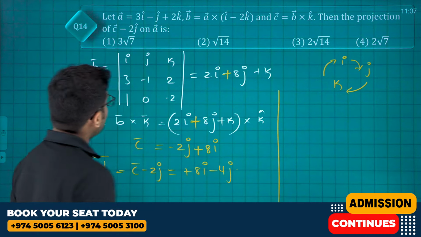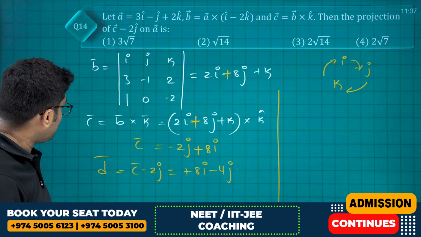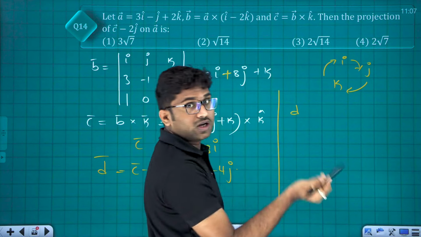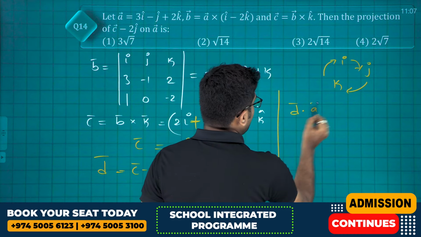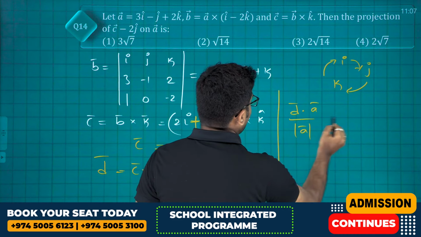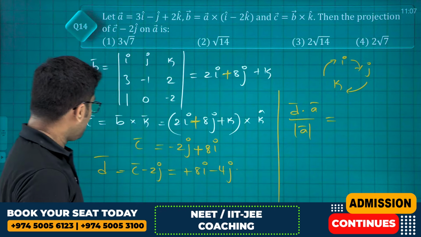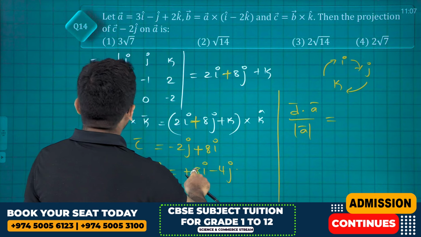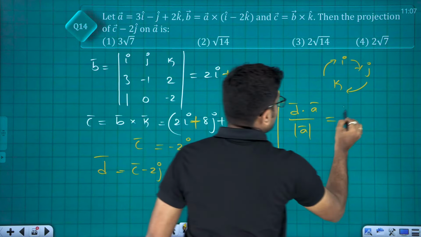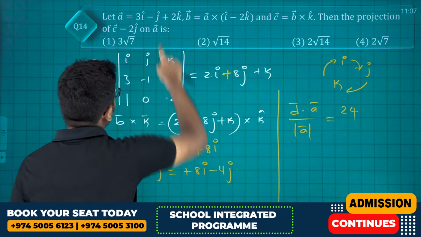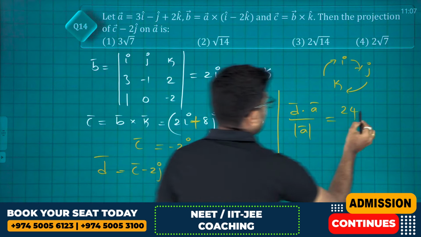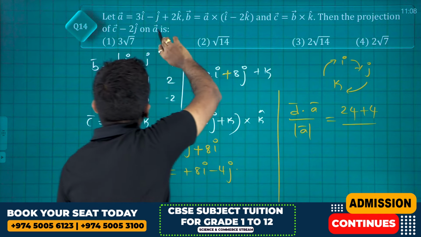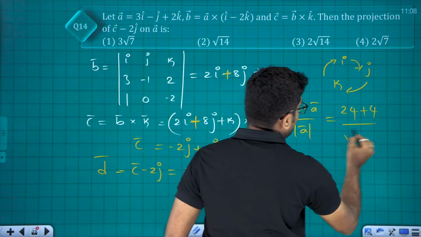So the projection of C bar minus 2j on A bar is nothing but the projection of D bar on A bar, which is D bar dot A bar divided by mod A bar. 8 threes are 24, plus 4, divided by mod A. 9 plus 1 is 10, 10 plus 4 is root 14.